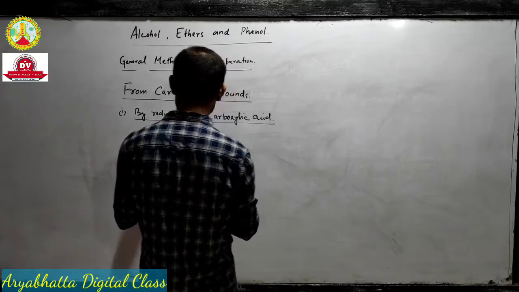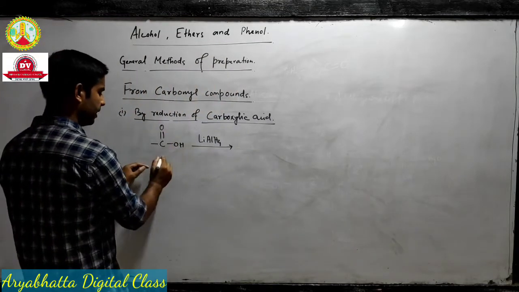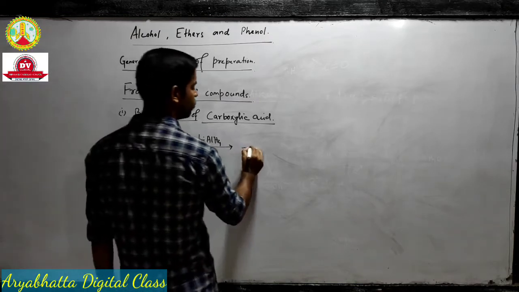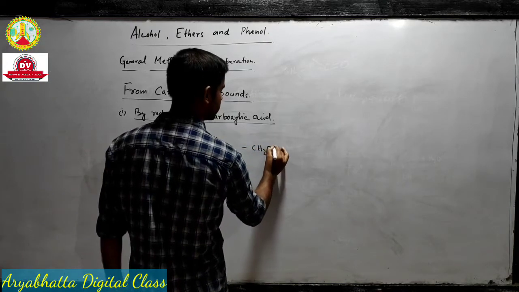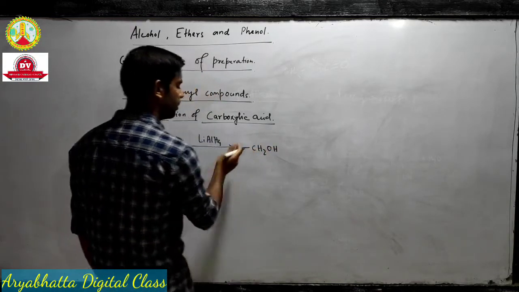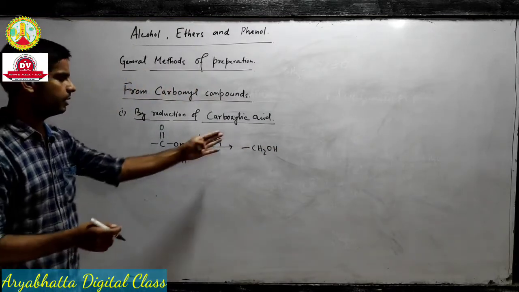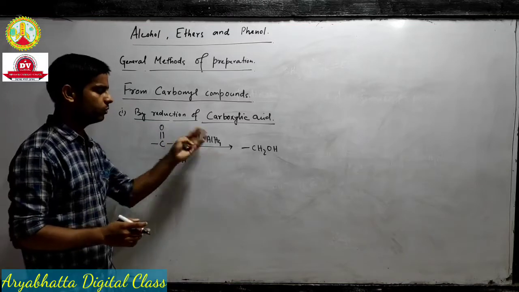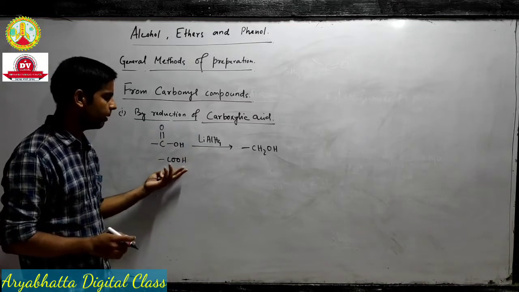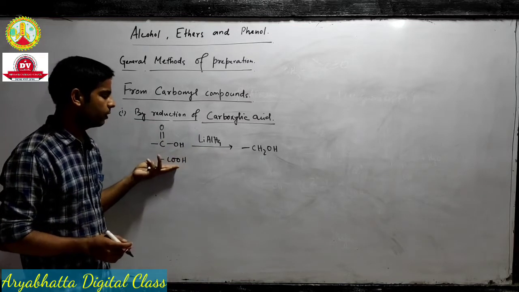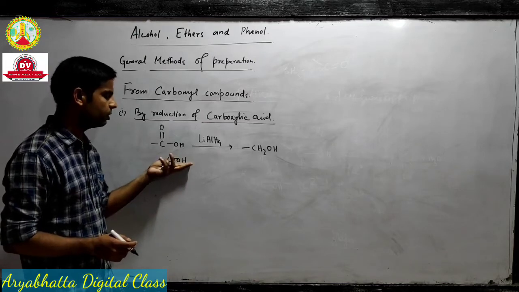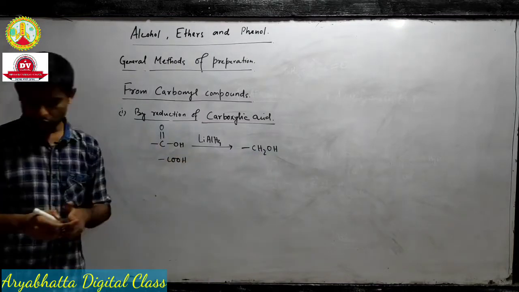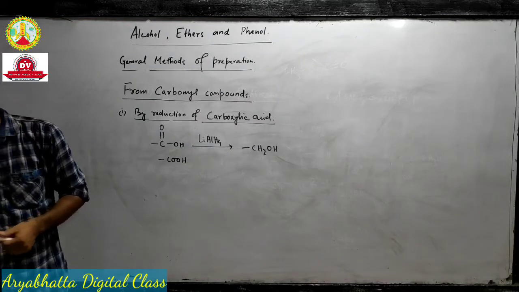So this COOH group will get converted to CH2OH, and the rest will be the same. The alkyl part does not get affected by this reagent. So in place of COOH, we will get CH2OH. This is how we reduce our carboxylic acid.